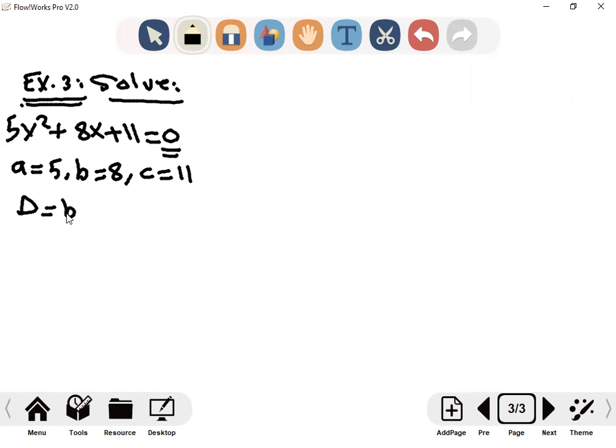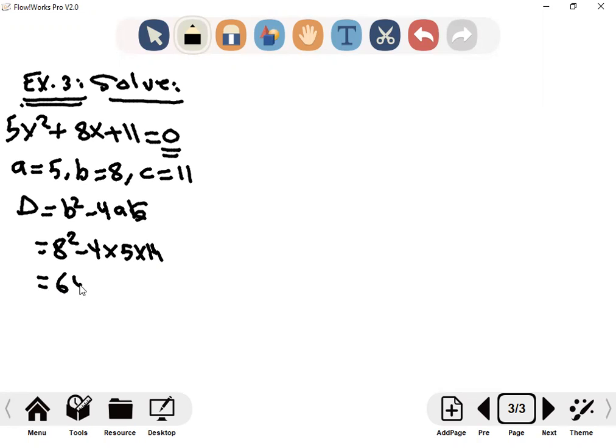Let's go. Delta equals B power 2 minus 4AC. And notice that I always write the formula before replacing the values. So this equals 8 power 2 minus 4 times 5 times 11. Sorry, 4AC. This is C, okay? Minus 4 times 5 times 11.